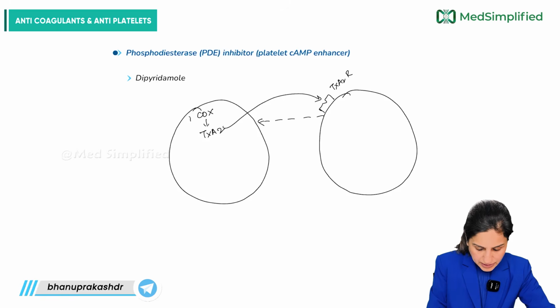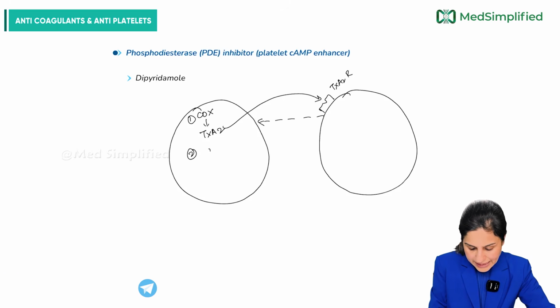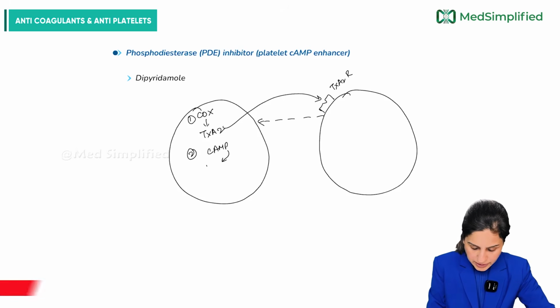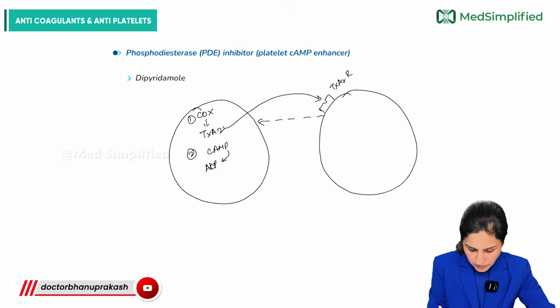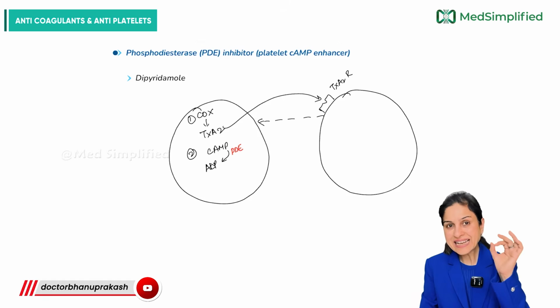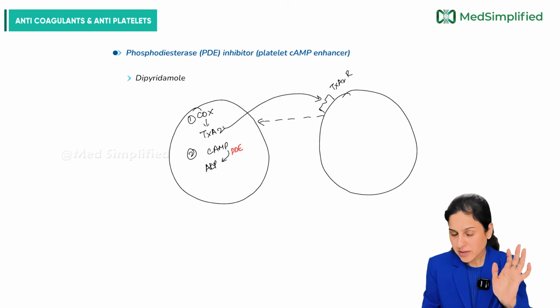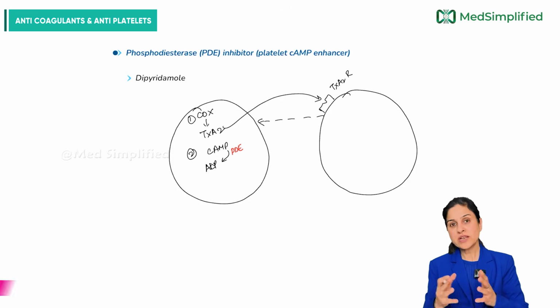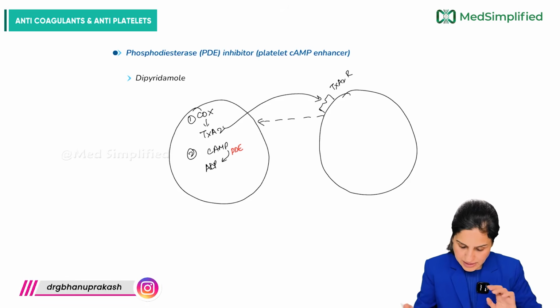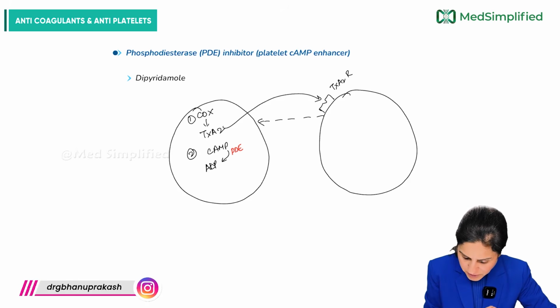Number 2, what is happening here is the cyclic AMP gets converted into the AMP, and this is with the help of phosphodiesterase. So cyclic AMP is anti-aggregatory, but ADP is pro-aggregatory. Now ADP, when it is released, has receptors on the platelets.